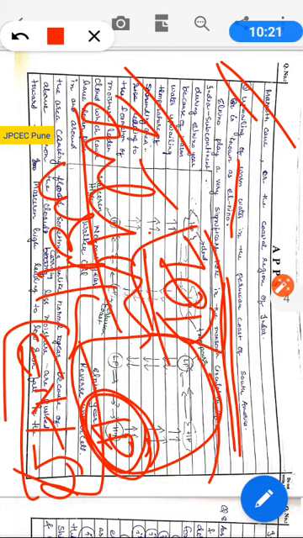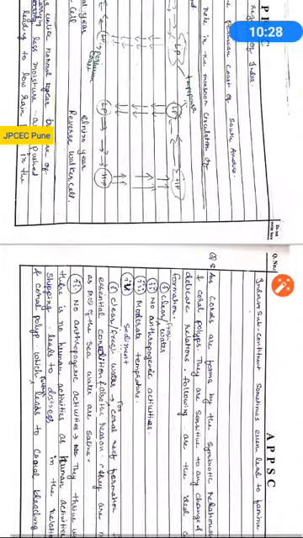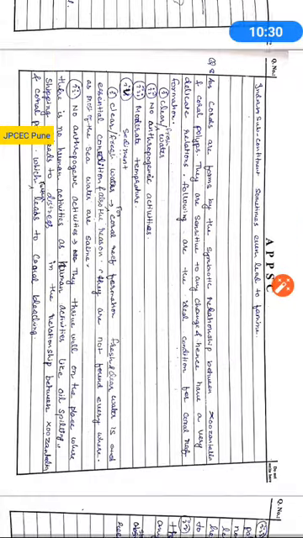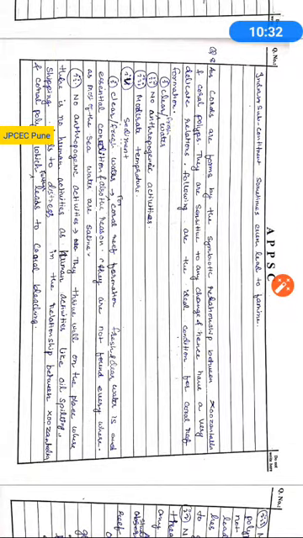Okay, so these are about the first part of the question about the El Nino, whereas the second part of the question is about its impact on the Indian monsoon.